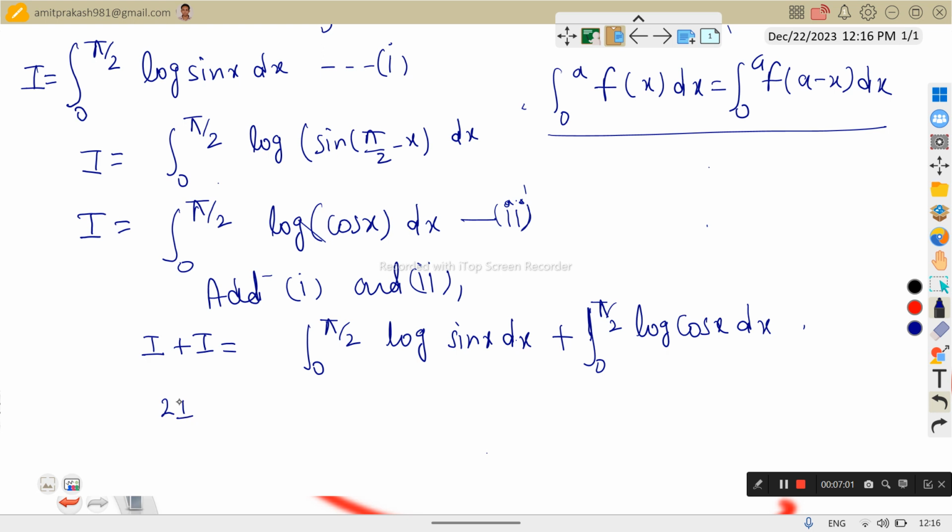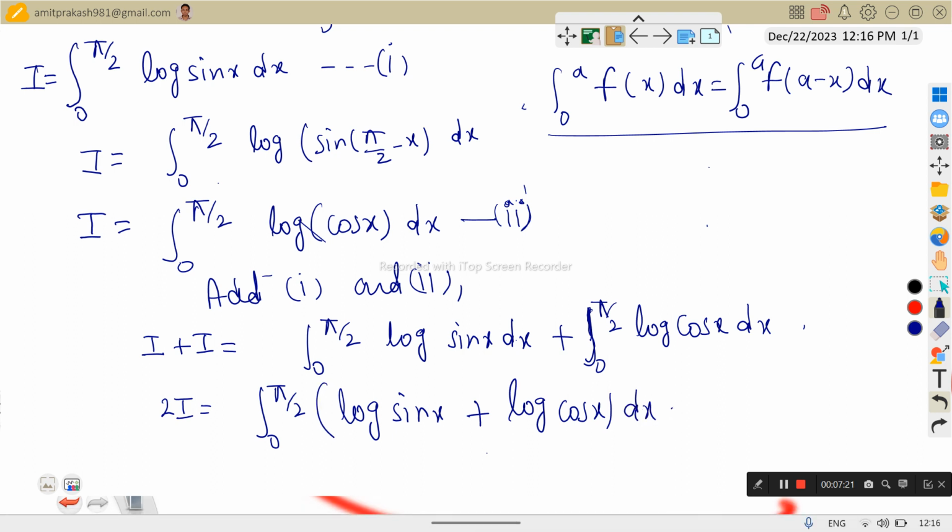The left hand side becomes 2I, and the sum of the two integrations becomes a single integration, integral 0 to pi by 2 of log sin x plus log cos x dx.